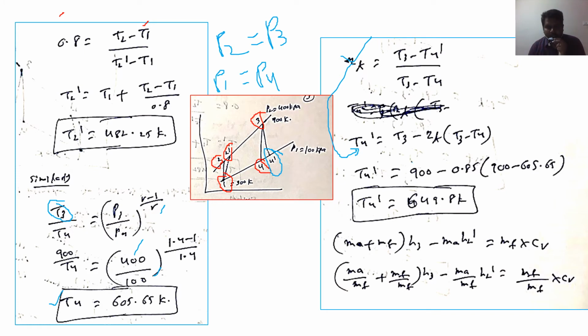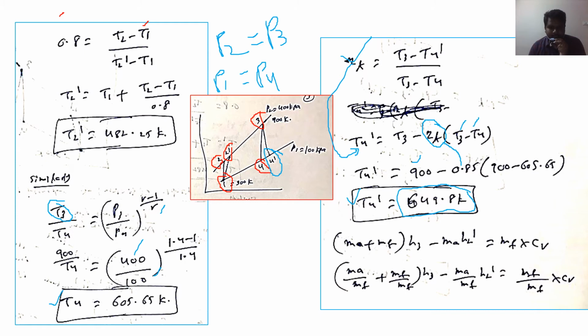T3 value is already given in the problem. Efficiency of the turbine is also given, that is 0.85. We know T3, T4 values also. Once you substitute, we can get the temperature at point 4 dash, that is 649.8 K.